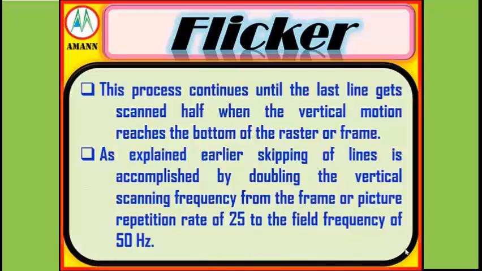This process continues until the last line gets scanned half, when the vertical motion reaches the bottom of the raster or frame. As explained earlier, skipping of lines is accomplished by doubling the vertical scanning frequency from the frame or picture repetition rate of 25 to the field frequency of 50 Hz.